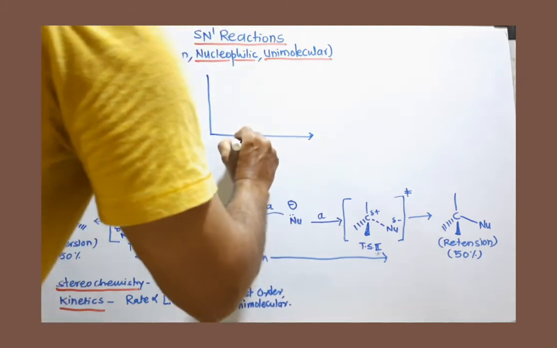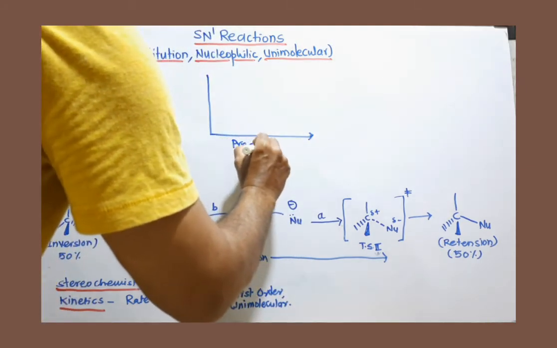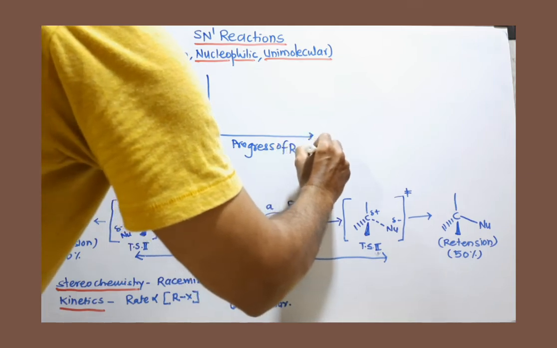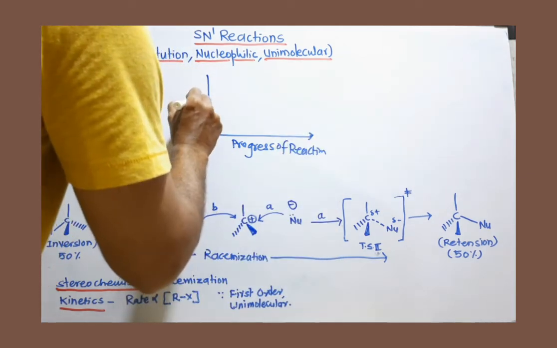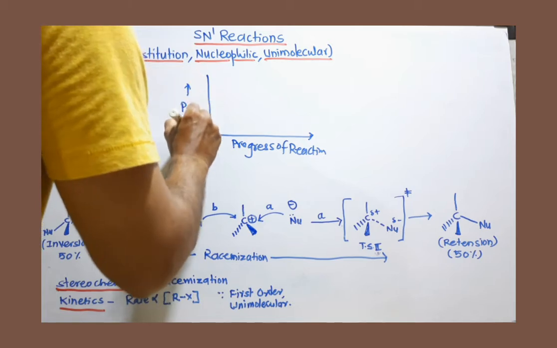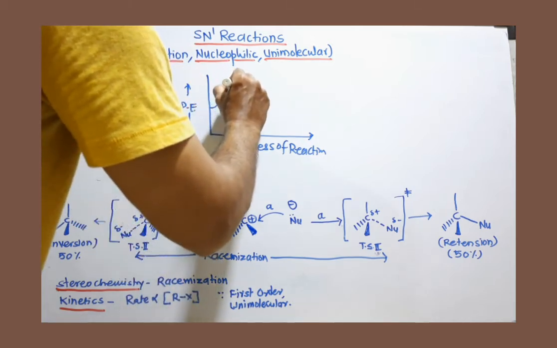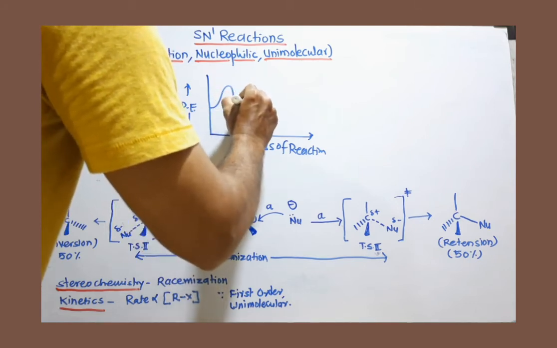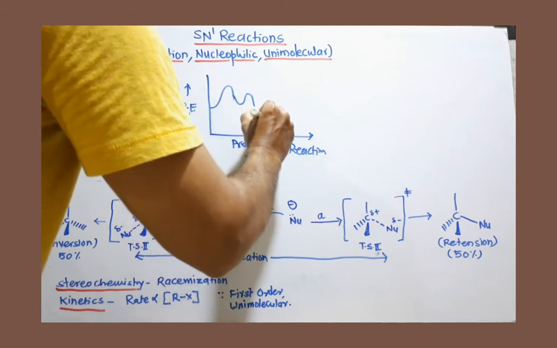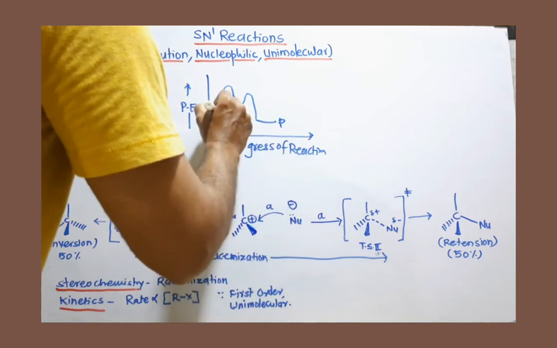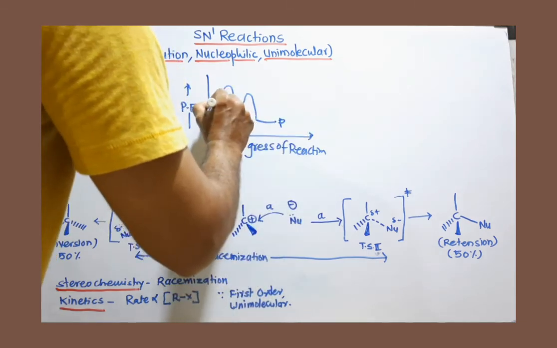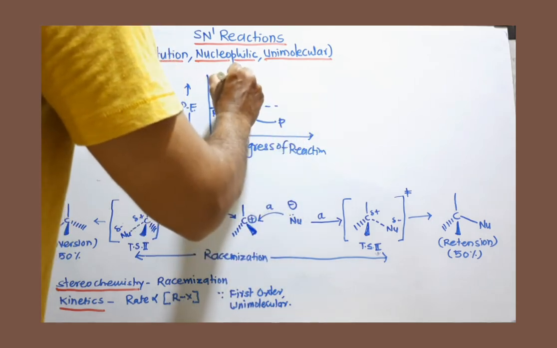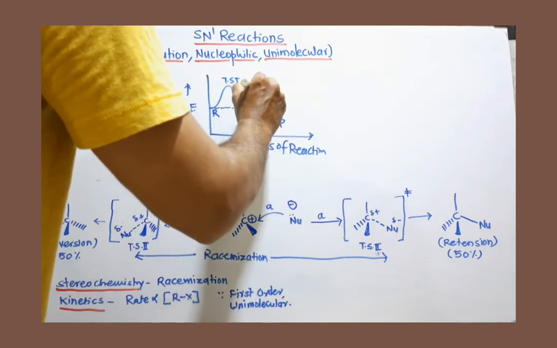I'll take progress of reaction on this axis and potential energy on this axis, so I'll get here two peaks, peak number 1 and then the potential energy dropping down, again rising, and getting this final product. So this is the starting material, reactant. Now see, this is transition state 1 and this is transition state 2.